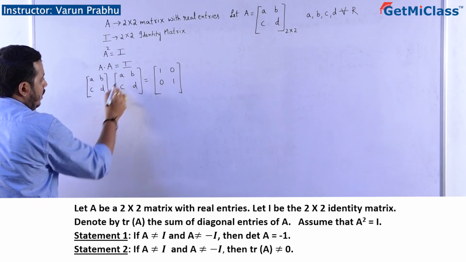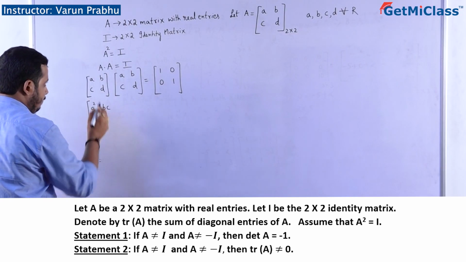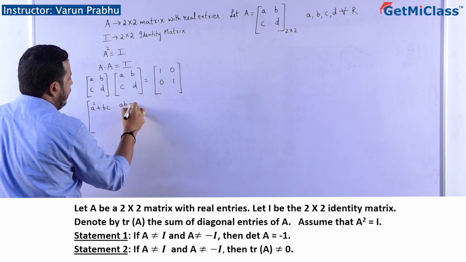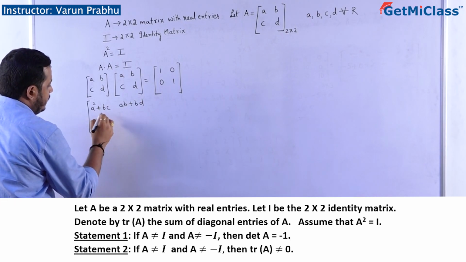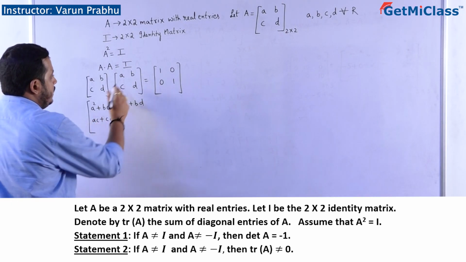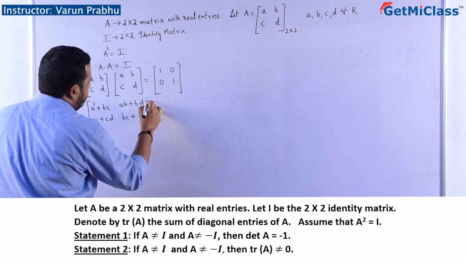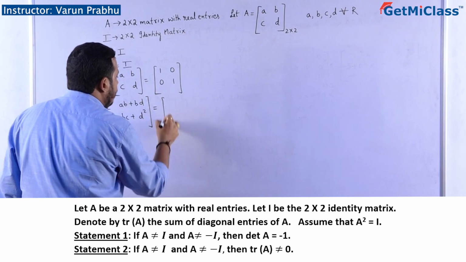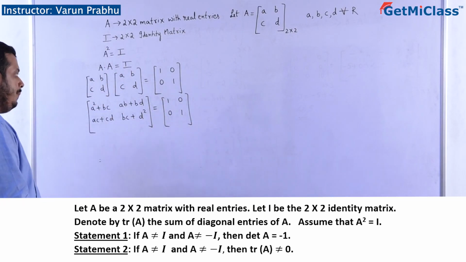So I can write now A into A will be a square plus bc, then ab plus bd, then ac plus cd, and bc plus d square, that is equal to [1, 0; 0, 1]. Is it right?